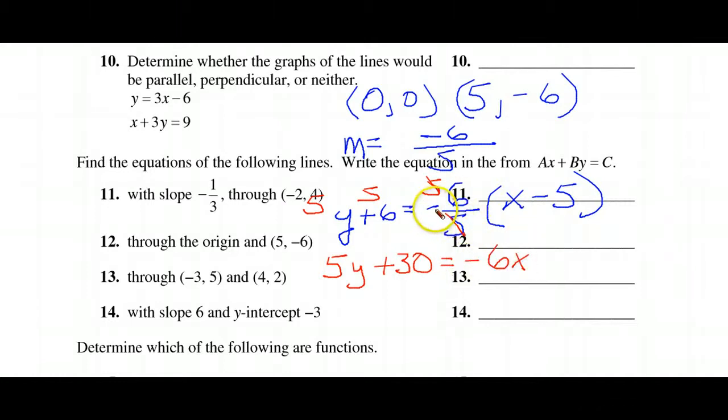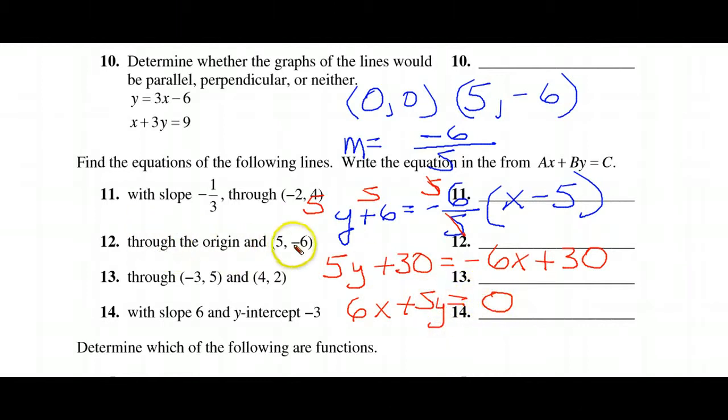And this is a -6 times a -5 gives me a +30. And we're left then with moving this to the other side, that gives us a 0 there, which is what we would have expected. And this becomes 6x plus 5y equals 0.